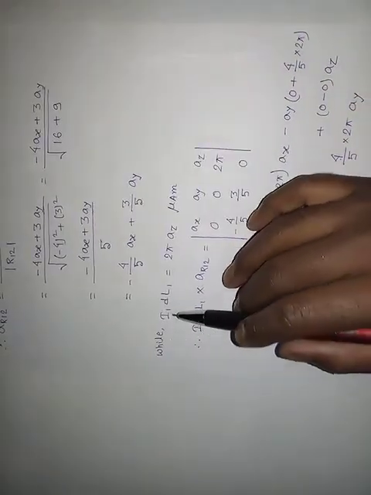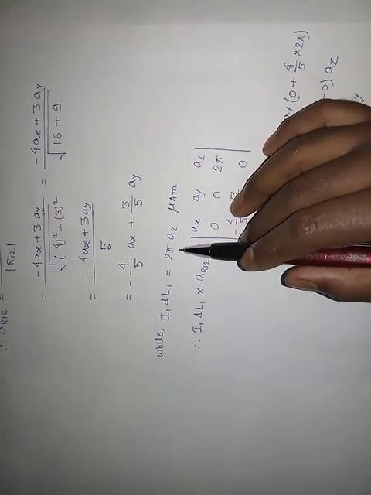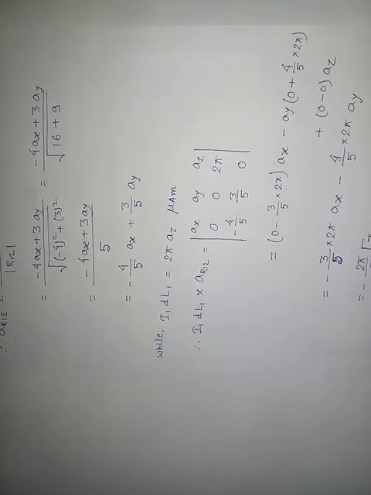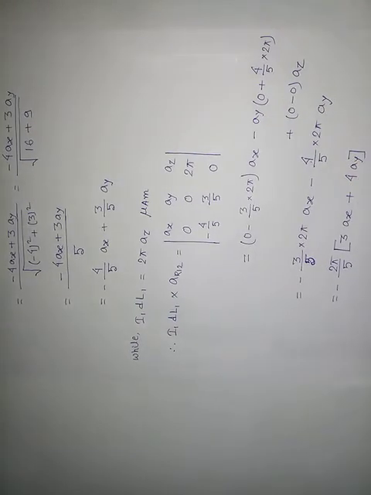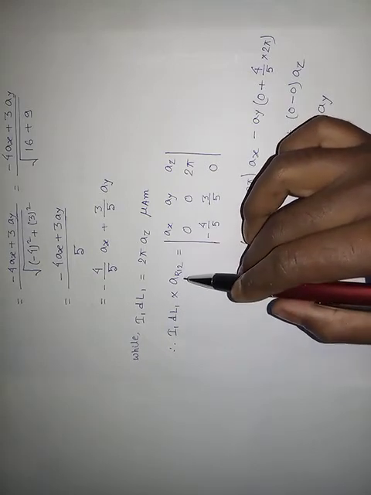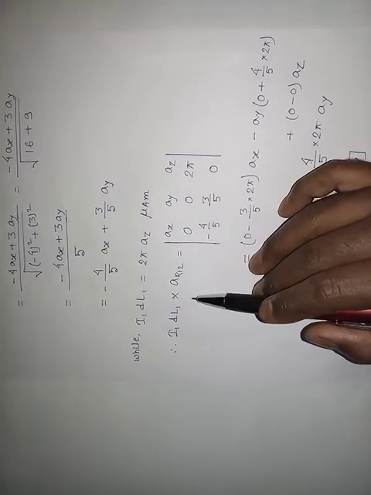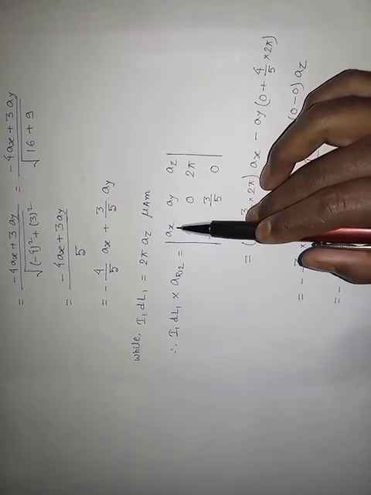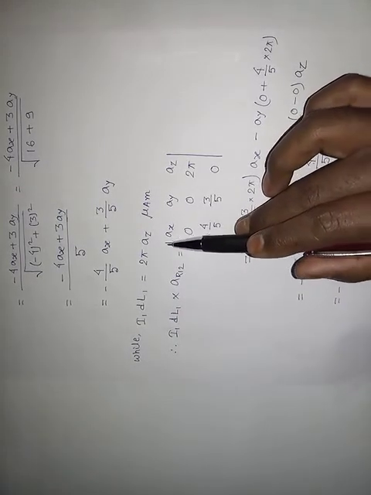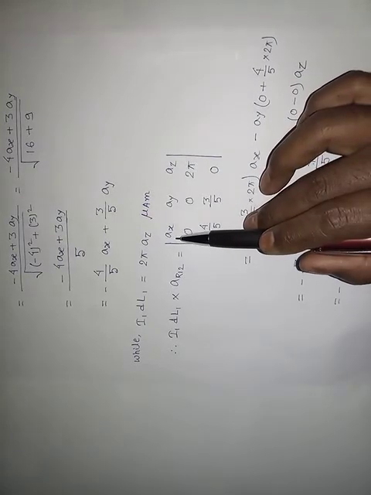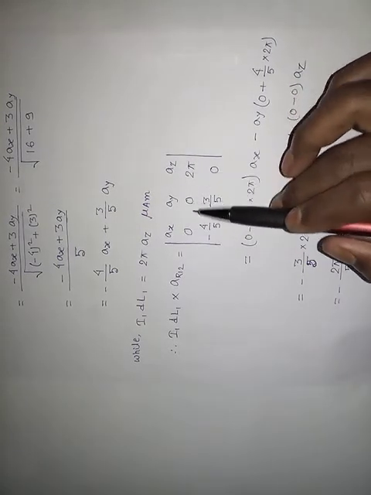And I1 dl1 is given in the question as 2 pi az microampere meter. So in our formula we need I1 dl1 multiplied with aR12. This is our cross operation. For the cross operation, we take a determinant of order 3 by 3, and our first row is ax, ay, az.